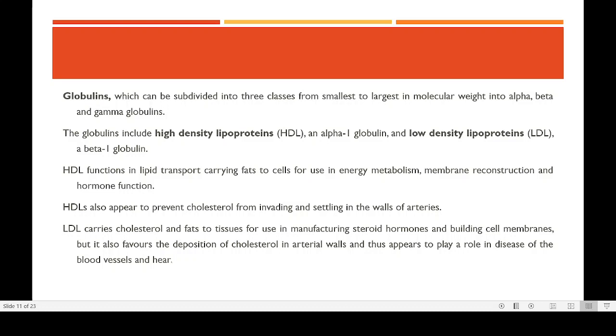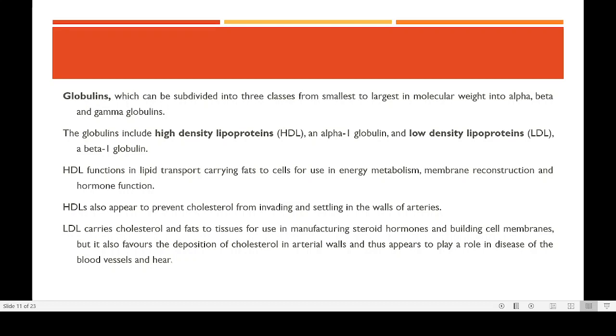HDL also appears to prevent cholesterol from invading and settling on the walls of the artery. You might have heard about that. Sometimes what happens before a heart attack is that the fat or cholesterol in your body gets deposited on the wall of the artery, so that the diameter of the arterial wall is reduced, and blood cannot pass through the arteries easily.